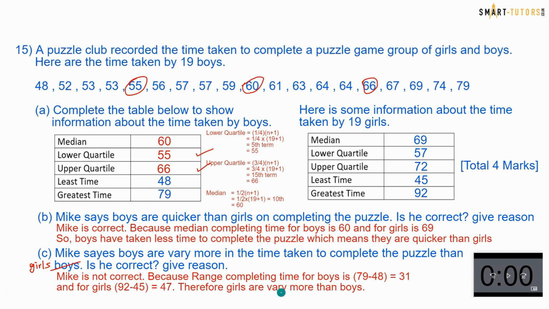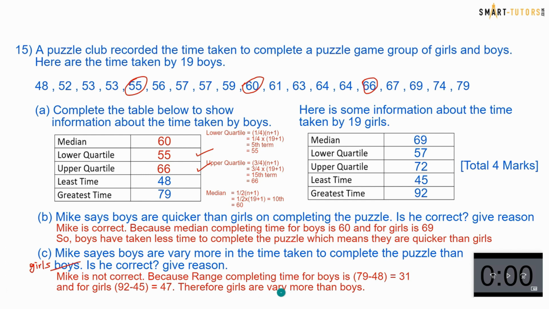So Mike is not correct because range of completing time for boys is 79, take away 48, highest number take away smallest number, is 31. And for the girls is 92, take away 45 is 47. So 47 is greater than 31. Therefore, girls vary more than boys. But Mike said boys are more varied. So Mike is not correct on the C part. That is the answer for the question number 15.